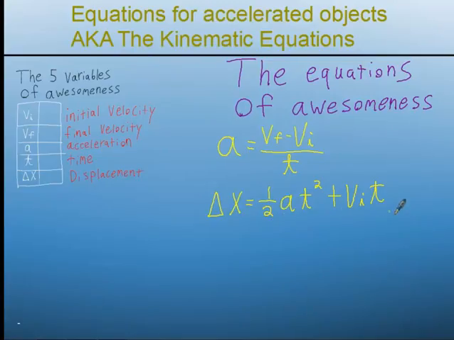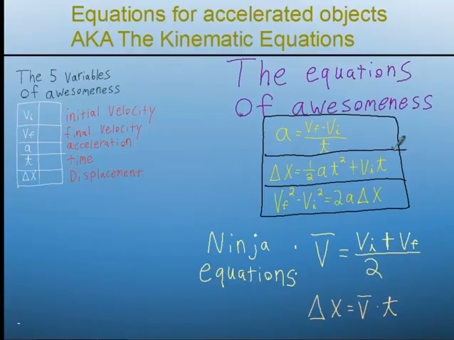You're going to really want to memorize this one because this one ends up getting used a lot. Basically, if you want to know how far something goes and you know its acceleration and the amount of time that it's spent accelerating, this is going to be your guy. The third big equation is final velocity squared minus initial velocity squared equals 2 times acceleration times displacement, delta x.